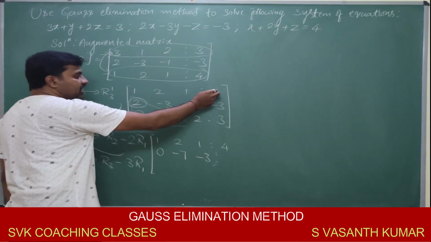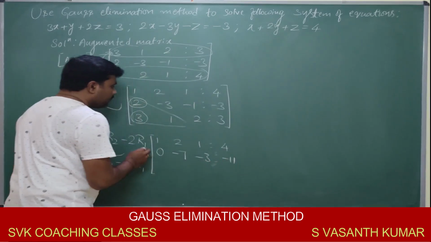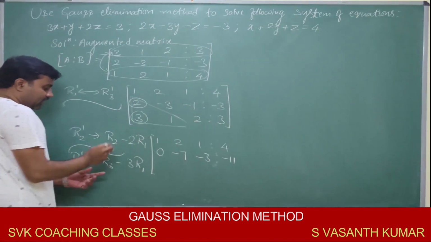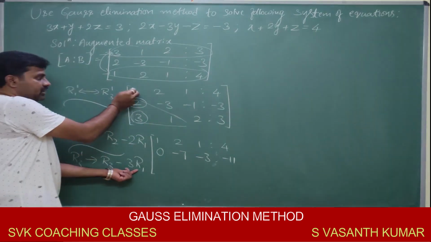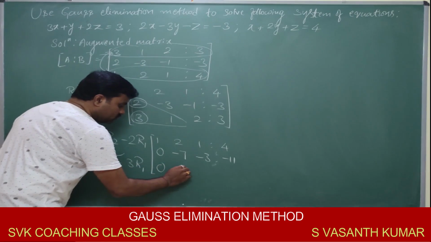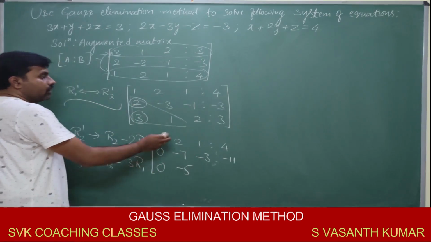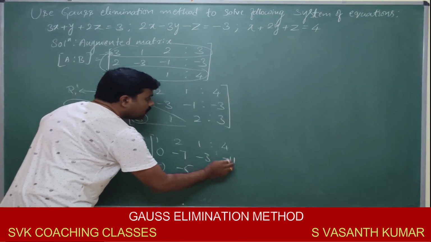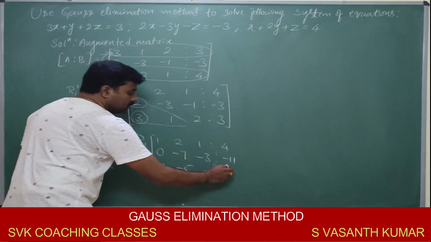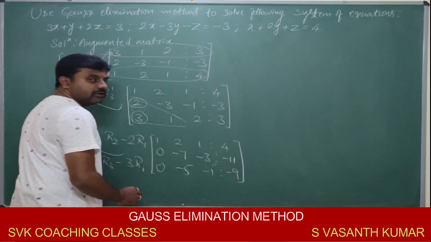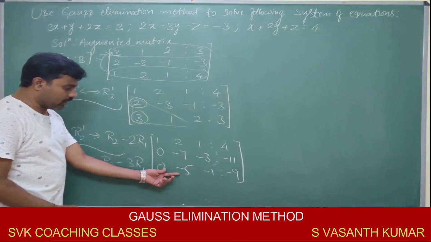Minus 3 minus 8 is minus 11. 3 minus 3, this whole row is multiplied by 3 here, so 3 minus 3 is 0. 1 minus 6 is minus 5. 2 minus 3 is minus 1. 3 minus 12 is minus 9. So this is what we have got.